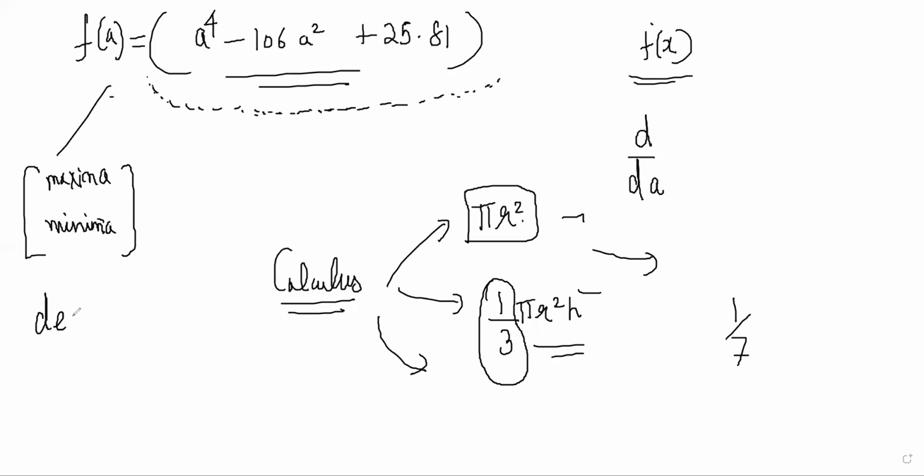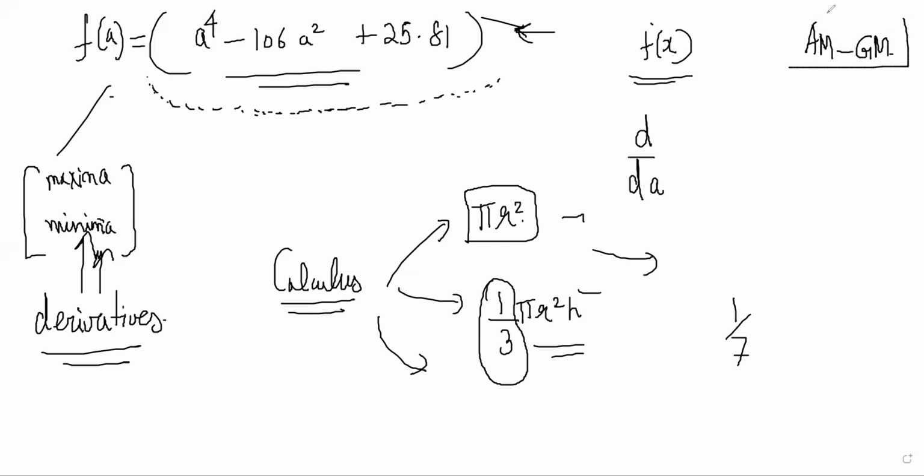Once you know what derivatives are and how to differentiate, you will be able to solve any maxima minima question very easily. Otherwise, without calculus, things are slightly difficult because you will have to use properties of quadratics like we did here, or some AM-GM inequality. So things are more tricky if you want to prove those without calculus.